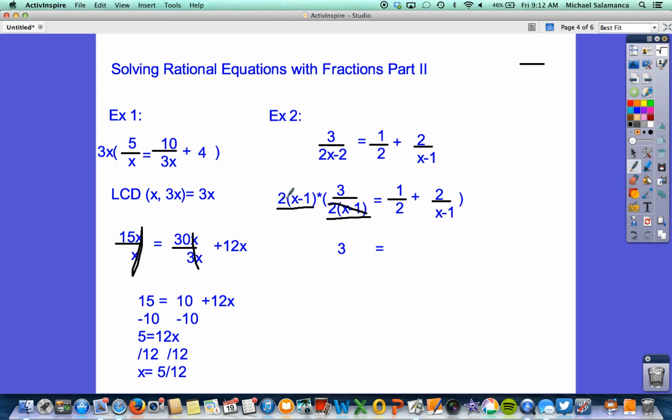And when you look at 2 times the quantity x minus 1, and you multiply that to 1/2, you'll see that the 2 will cancel out with this 2, and you're just left with x minus 1.